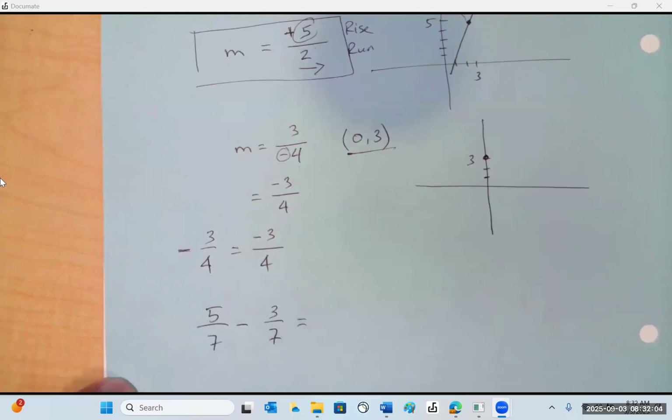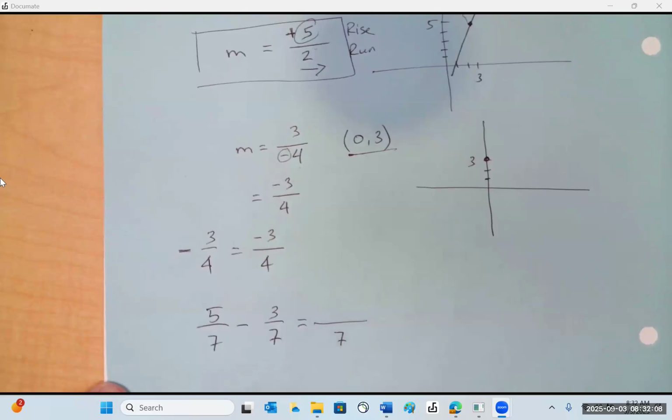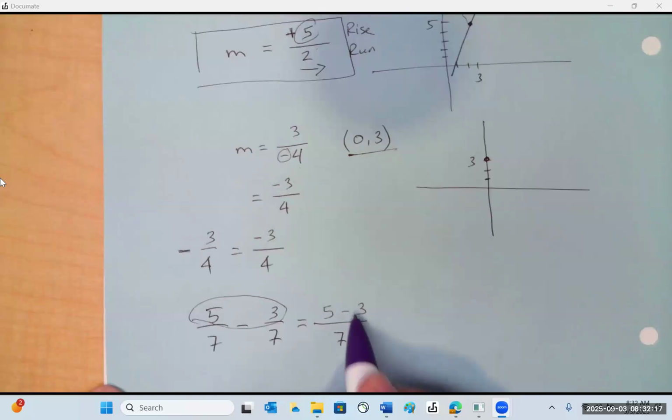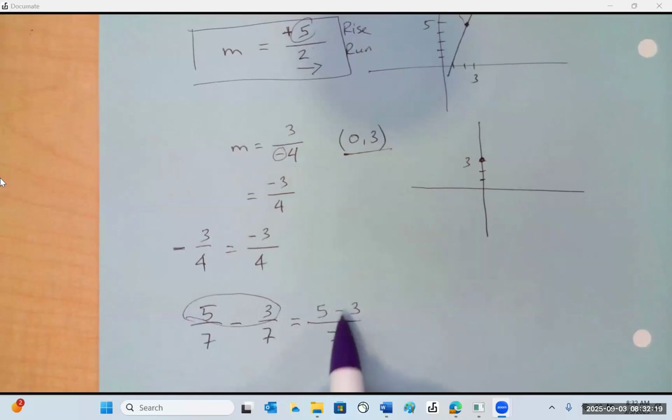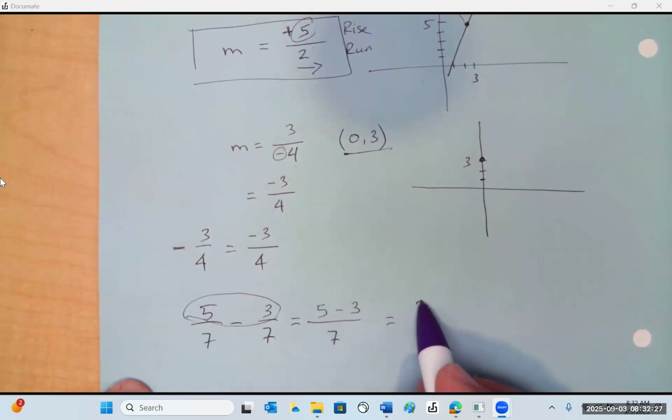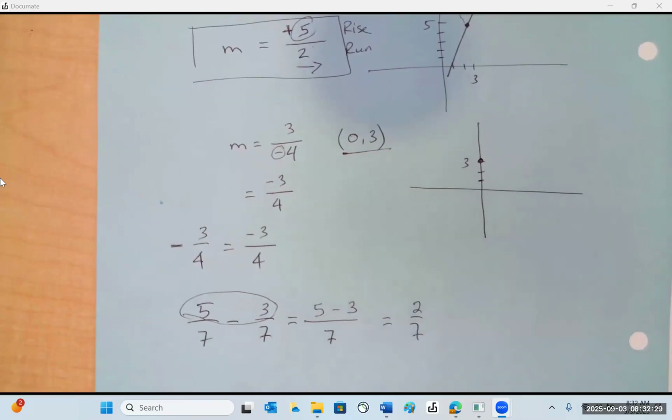If the bottom numbers are the same, I just write it, and then all I do now is that's how come the negative sign goes to the top number only. So 5 minus 3 is 2 over 7. That's the reason why whenever you have a negative sign, it belongs to the top number.